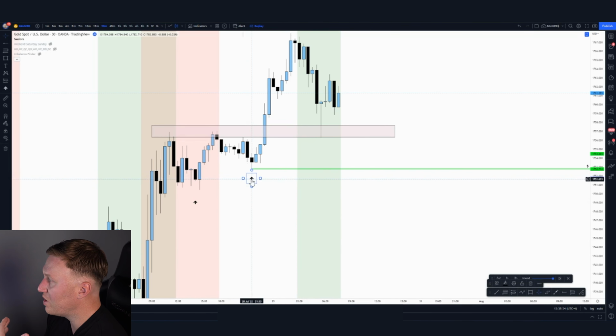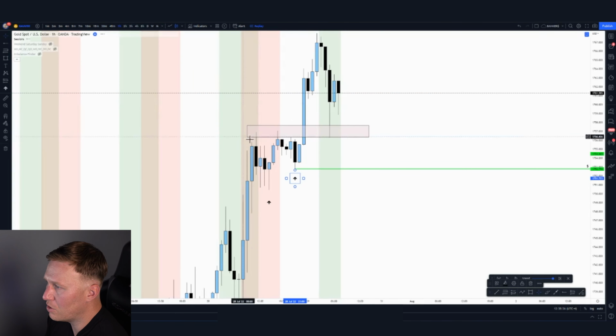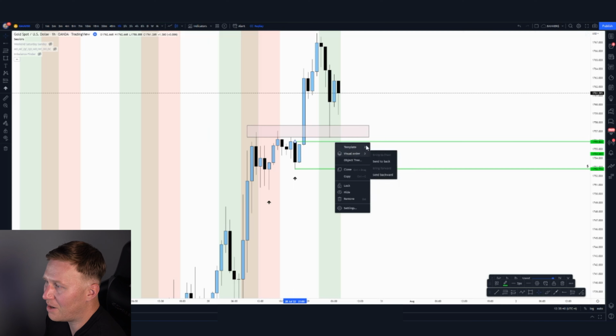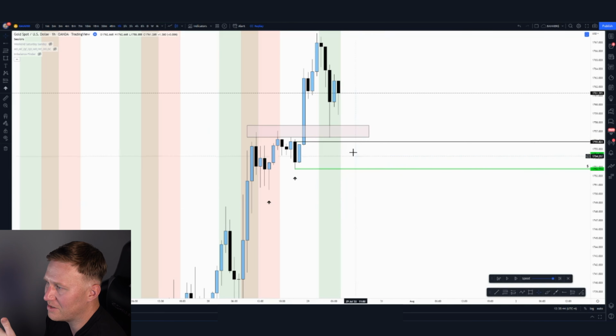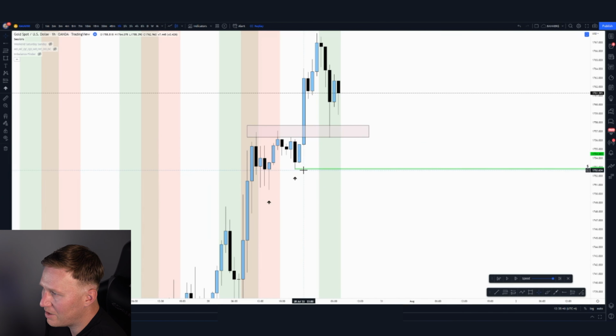So for that reason, I would not want to look to execute this candle here, knowing that my stop loss is going to be in the same spot that everyone else's stop loss is going to be in. So for me, that would be a no entry, and that was going to be a target.